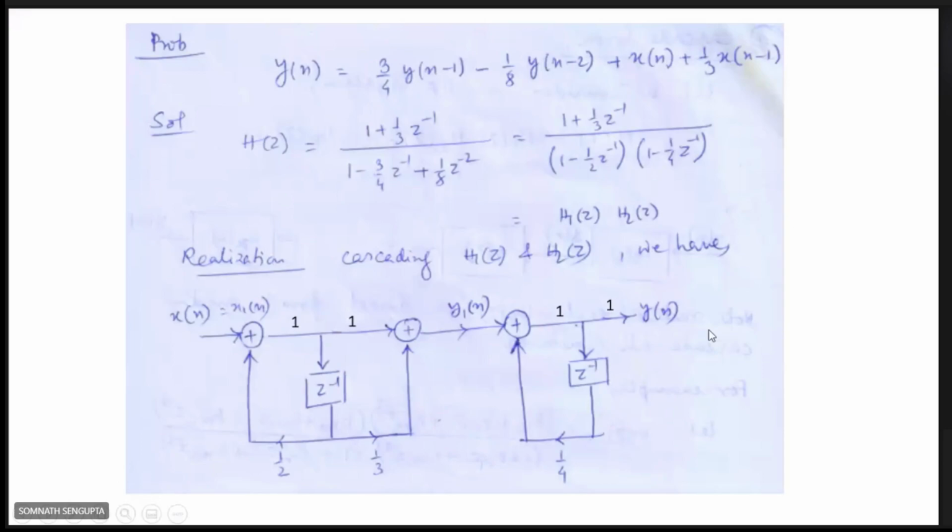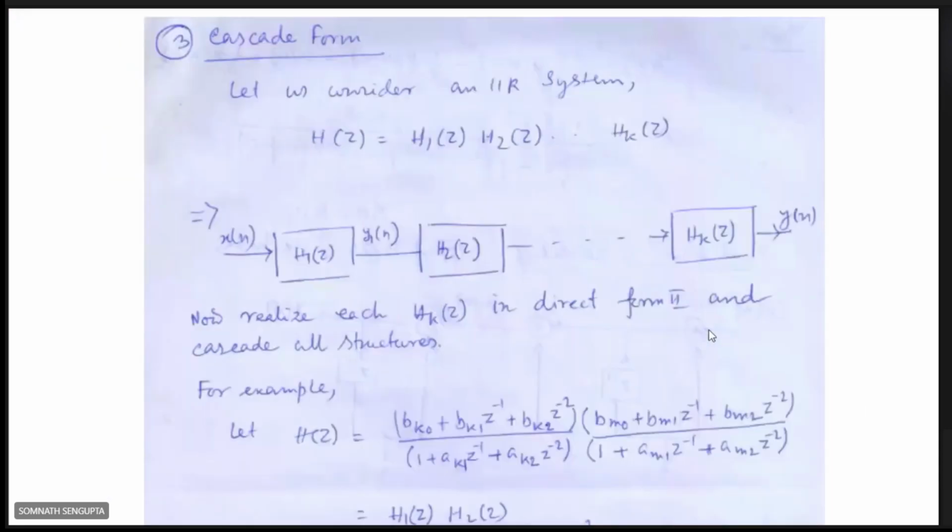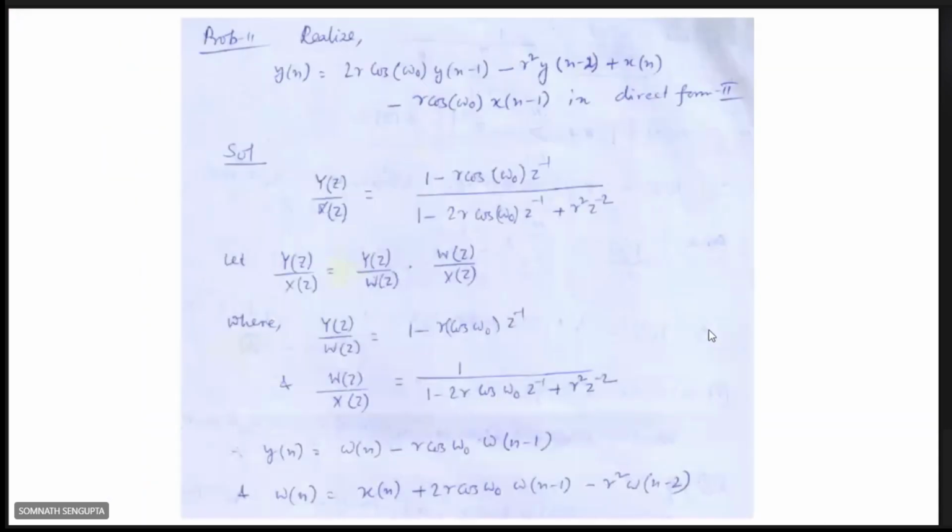So this way you can remember. Otherwise, if you don't understand this concept, you have to go to the detailed procedure given in this slide on how to calculate. In that case, you have to revert back to the time domain sequence, y(n) in terms of w(n minus 1), w(n), x(n).